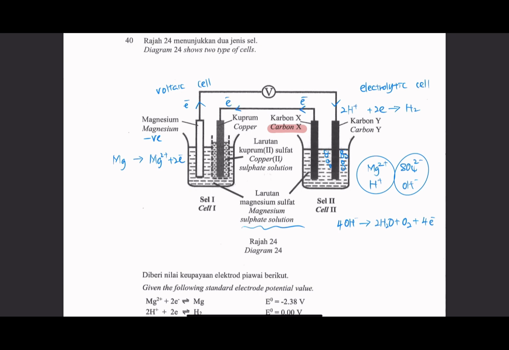So the electrons will flow to the copper metal. So the copper(II) ion will be reduced over here, accept electrons and reduce to become copper.